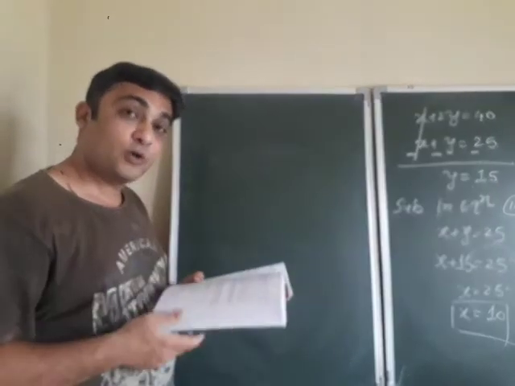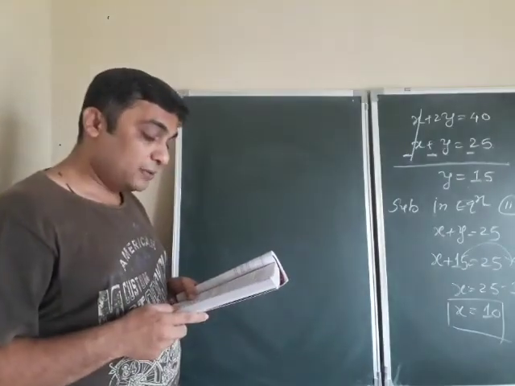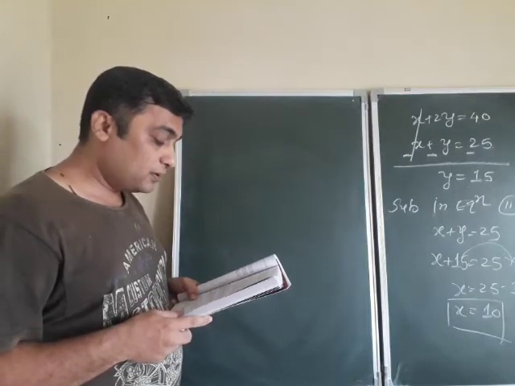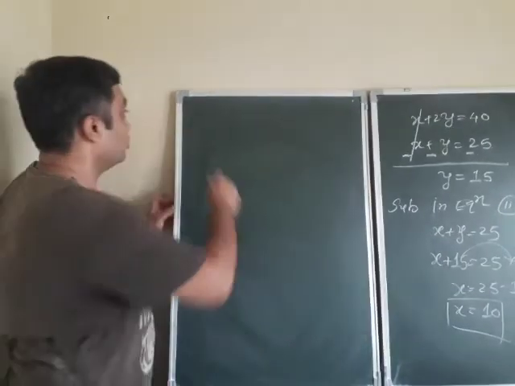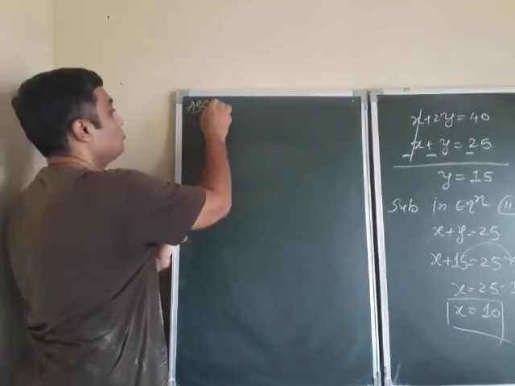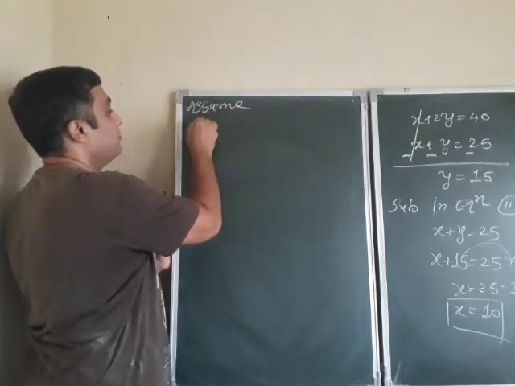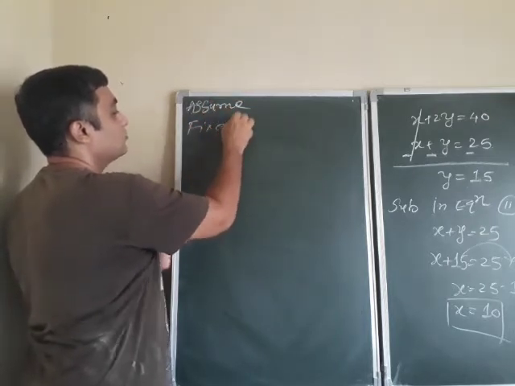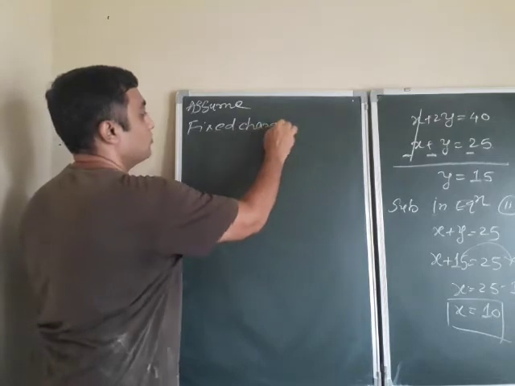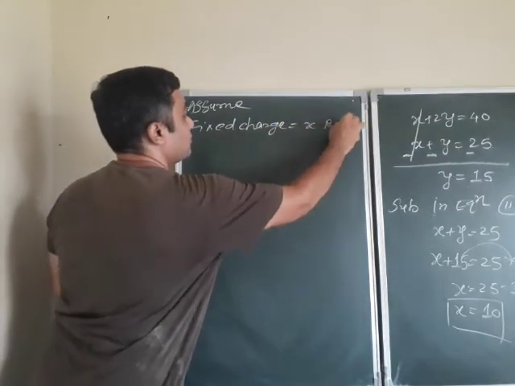So first of all, see what you want to find out. Find the fixed charge and the charge for each extra day. So first of all, assume fixed charge is equal to X rupees.